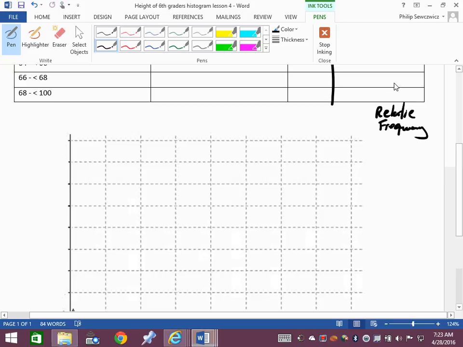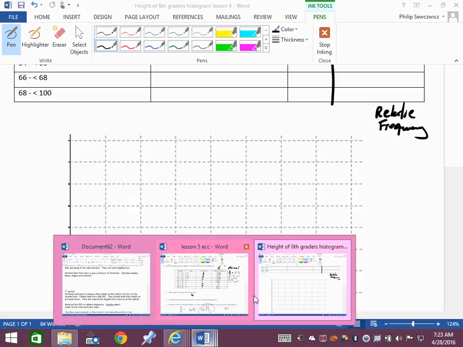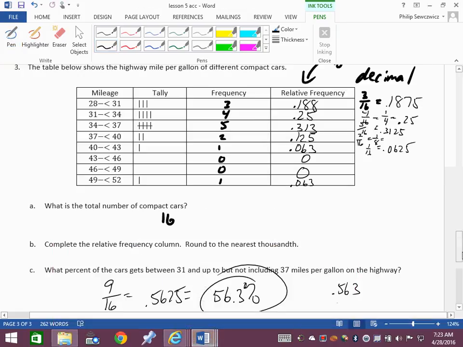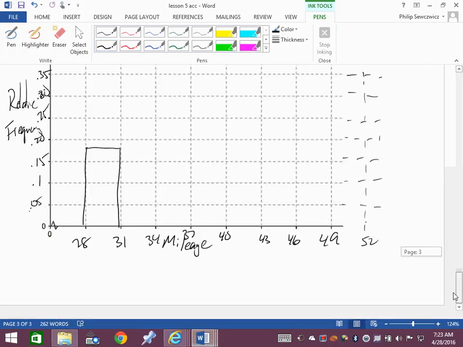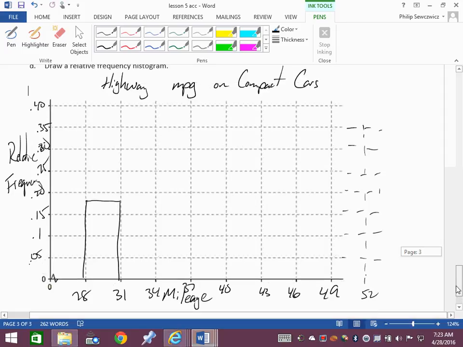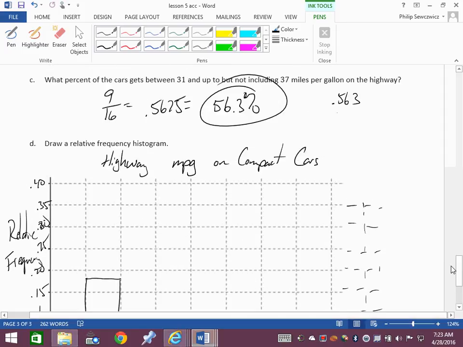We do want you to graph the relative frequency here. So make sure that you take care of all of your labeling. If you need to replay that to make your adjustments, pause the video and make sure it's in there. But again, we do want you to complete your histogram at this time. That's all we got for you there.